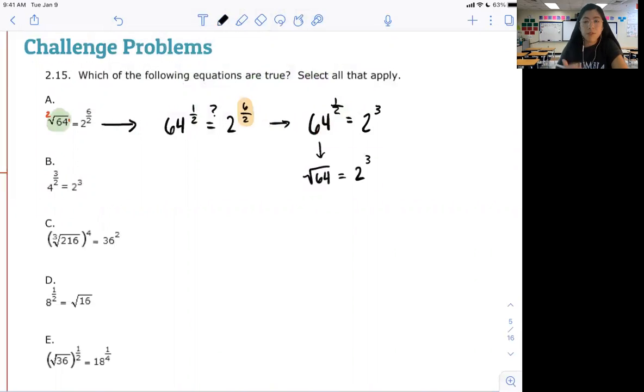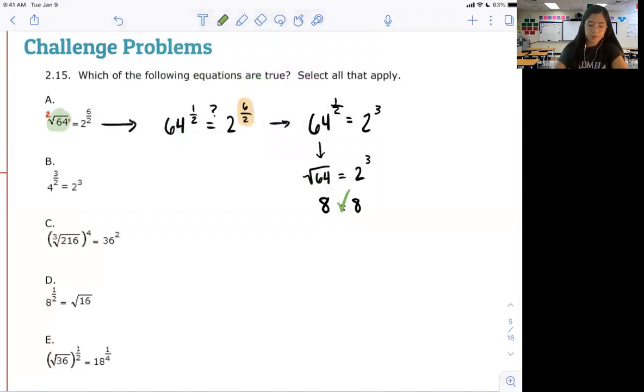So sometimes it's actually easier to keep things as a radical because if you can do the square root of 64, that's going to save you a little bit of time because now I can just get a whole number. This is 8. And then what's 2 to the power of 3? 8. 2 times 2 times 2 is 8. So we got a match.